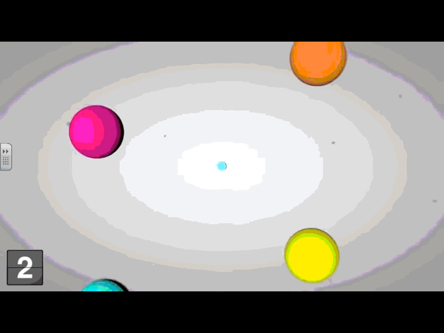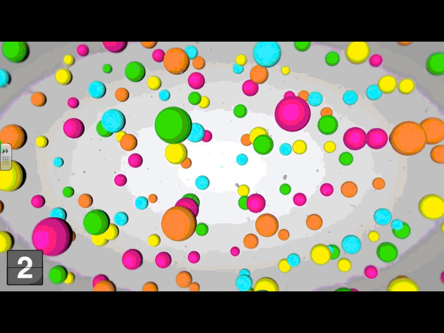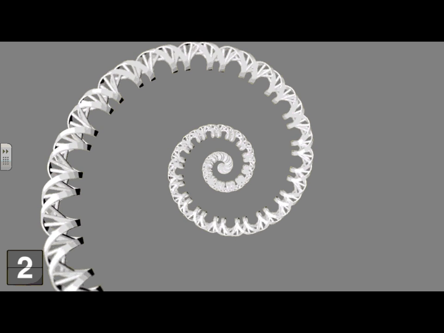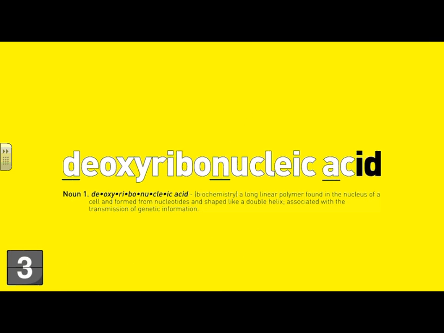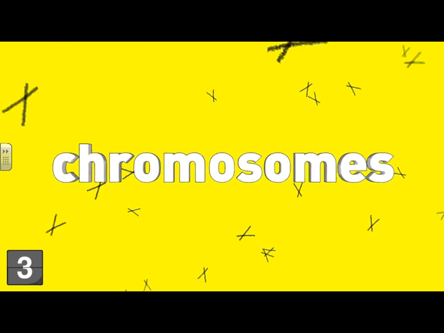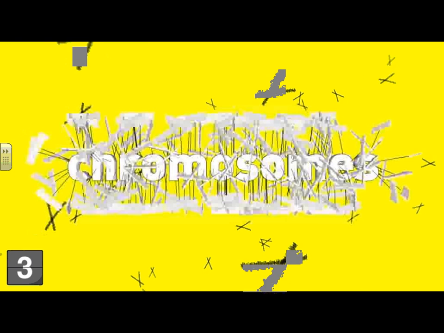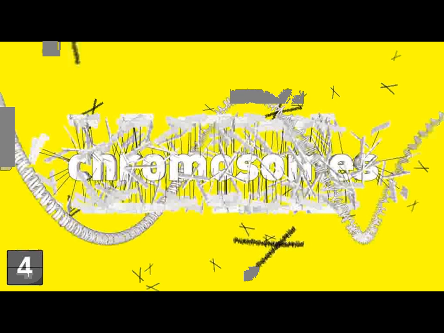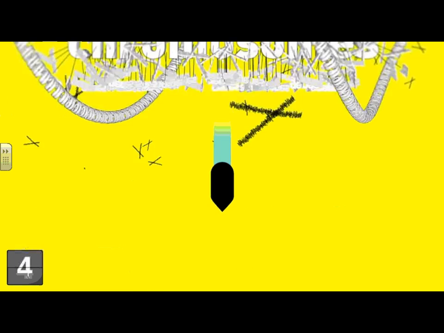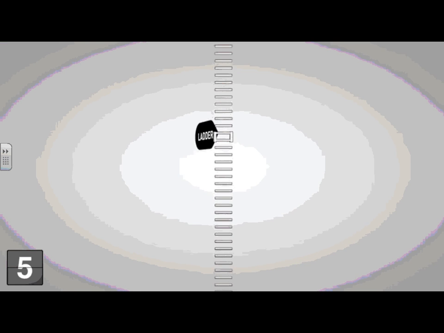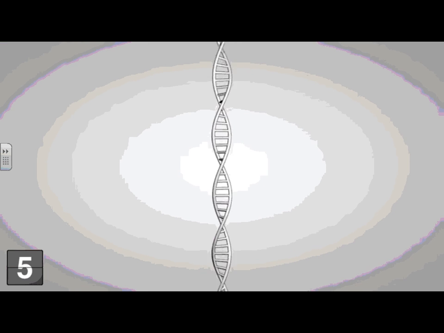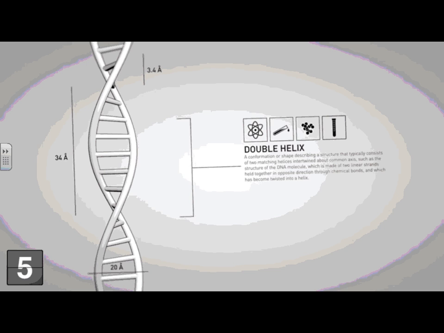These instructions are in almost every cell of every living thing and are stored on extremely long strands of chemicals called DNA. DNA stands for deoxyribonucleic acid, and these long strands are called chromosomes. Chromosomes are made up of many genes. One gene is a specific sequence of DNA on a chromosome that provides particular cellular instruction. DNA is shaped like a ladder that's been twisted, which is called a double helix.